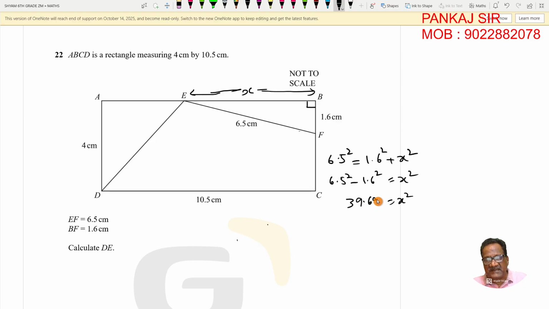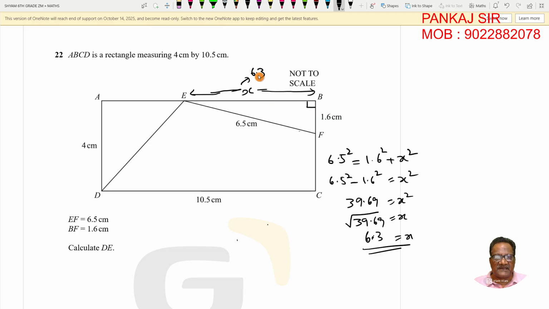Okay. So my X will be what? X will be the square root of this. Okay. And the square root of 39.69, that I'm getting as 6.3. Okay. So I got this X as 6.3.